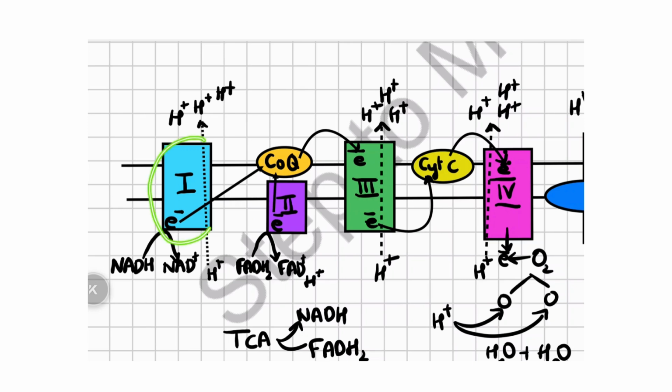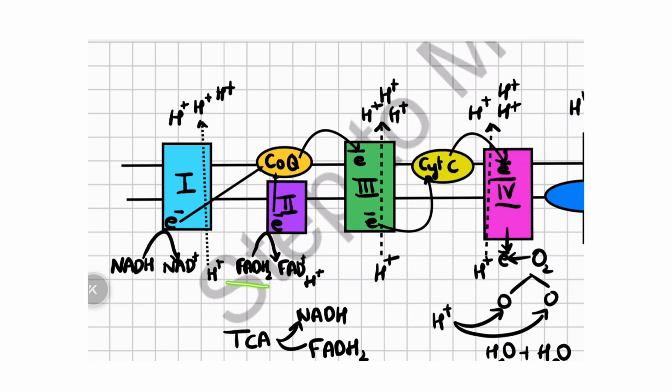And because it's now supercharged, the H plus ions, which are present in the matrix, get shot out of the complex 1 and enter the intermembrane space. Okay, so now there's a lot more H plus ions in the intermembrane space compared to the matrix. And that forms a proton gradient. Now, once this is done, the electron is transported to coenzyme Q.